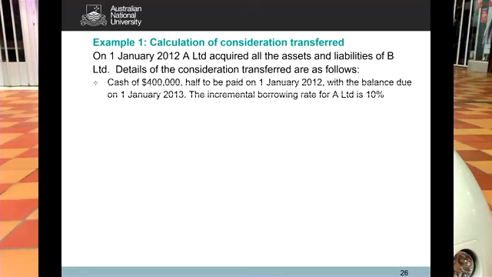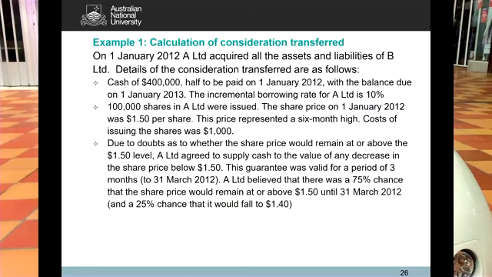Now let's look at the examples. This is the calculation of consideration transferred. We do need to know the consideration transferred. Remember that, it's one of the steps of the acquisition method, and it will be the very beginning of consolidation issues.